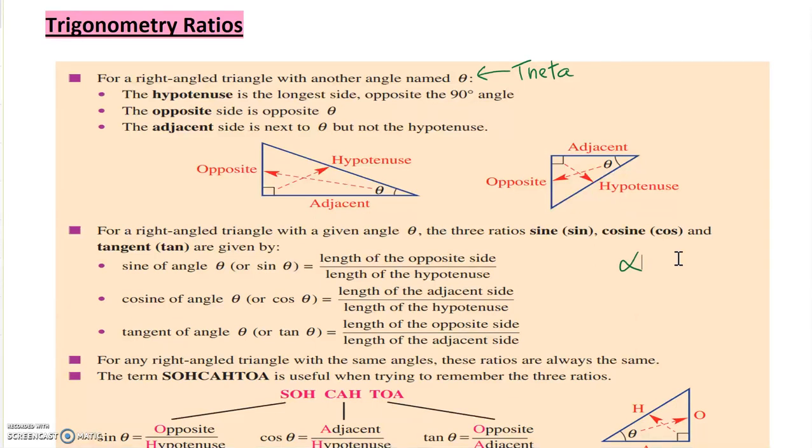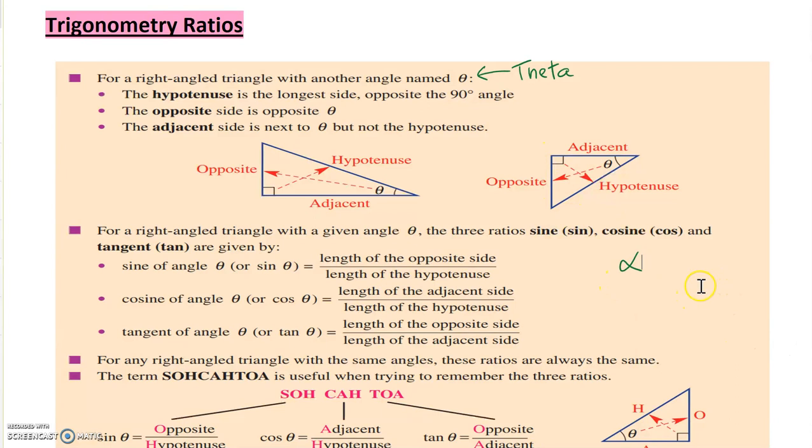Now, for a right angle triangle, the trig ratios are used to work out the missing sides and the missing angles. What that means is that if you are given an angle and a side, you would be able to calculate the value of the adjacent side to that angle and the opposite side to the angle using the trig ratios.